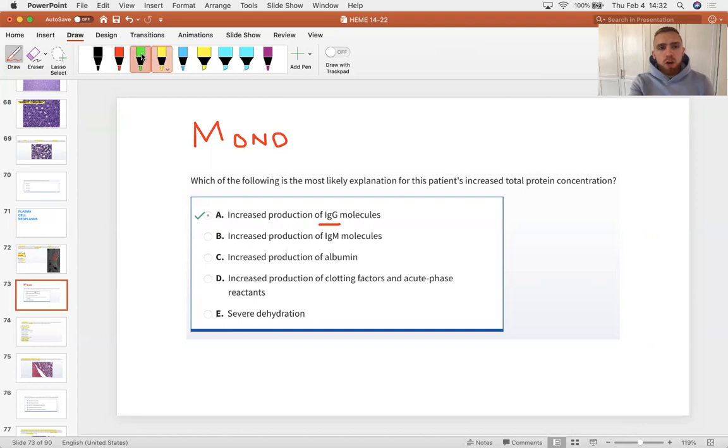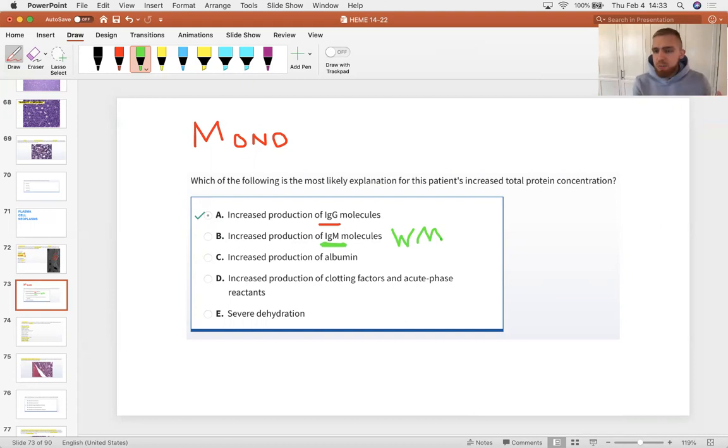Now, if we were talking about this disease called Waldenstrom macroglobulinemia, then you would see an IgM spike in the blood. So that's what Waldenstrom is. It's essentially multiple myeloma, but there's an IgM spike instead of an IgG spike, okay? So multiple myeloma, always, it's IgG, or maybe it could be IgA.